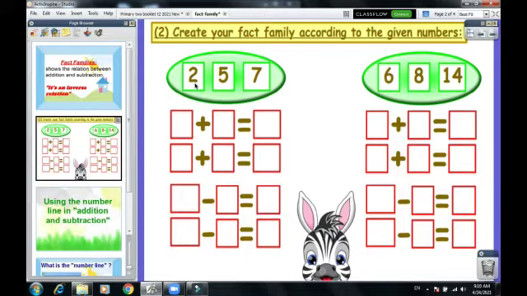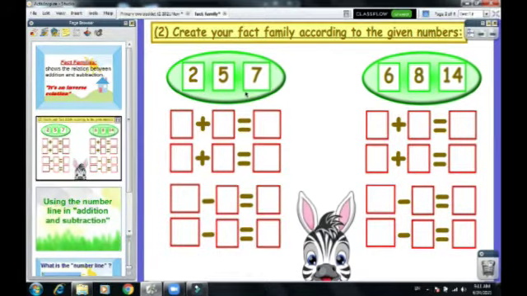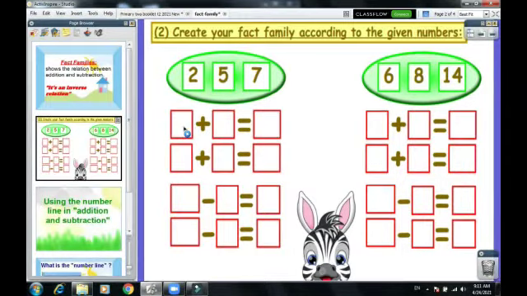We said that a fact family is a relation between the same 3 members or 3 numbers. Here I have 2, 5 and 7, and for the first fact we have 2 math sentences for plus and 2 for minus. In plus we know the fact that part plus part equals whole, so the 2 small numbers can give me the big number.